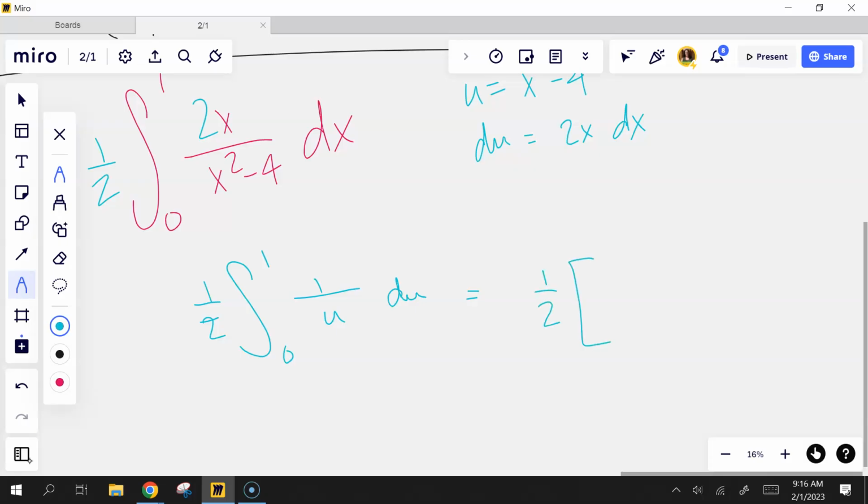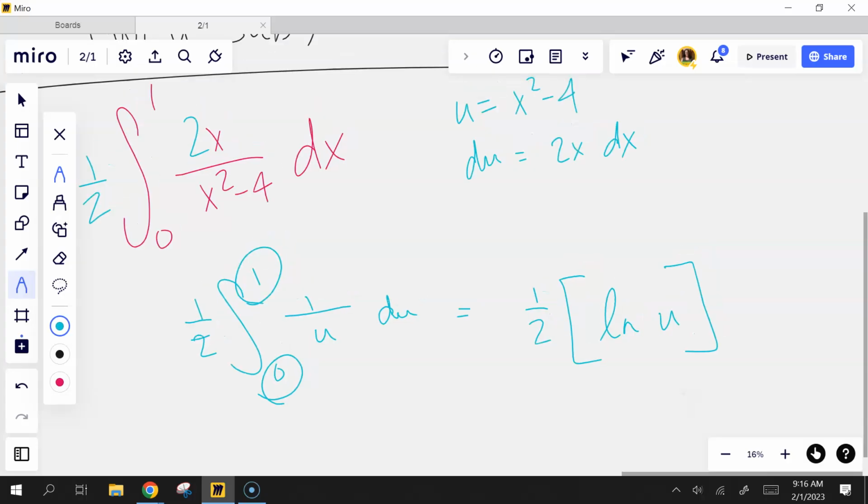What's the antiderivative of 1 over u? Natural log of u. I can't go from 0 to 1 anymore because I don't have x's. Those were in terms of x's. So I could rewrite my bounds in terms of u.